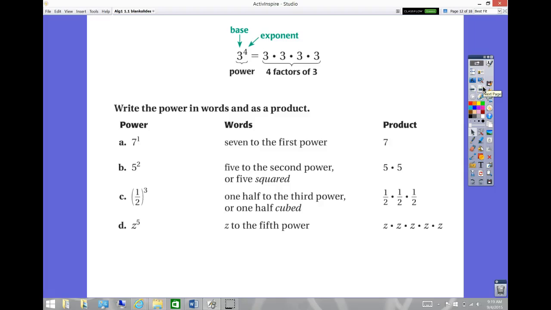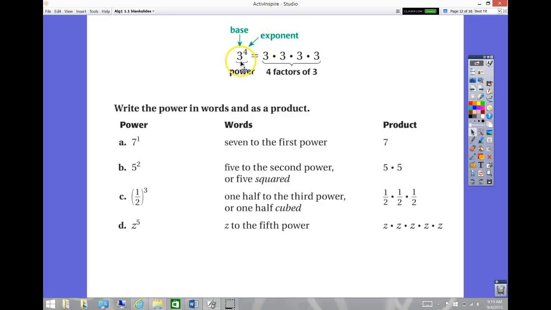Okay, now we need to review. You should have had this somewhere in the past, but just in case you don't remember it or didn't get it, now you will. Because we'll use these words during this class, right? And we don't expect we're going to have to define them every time. But when you see something like a normal size 3, and then it's got a small 4 to the upper right, that is a power.